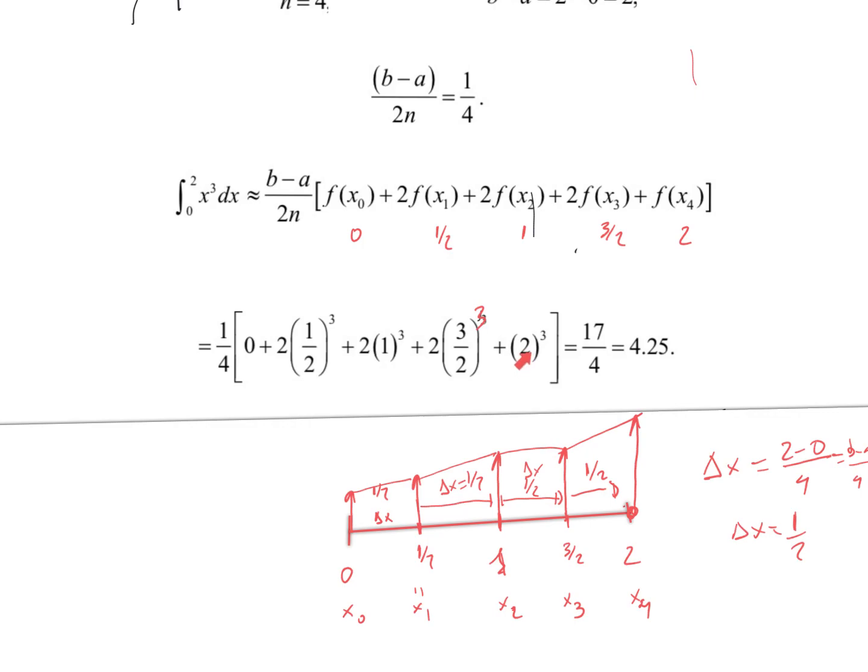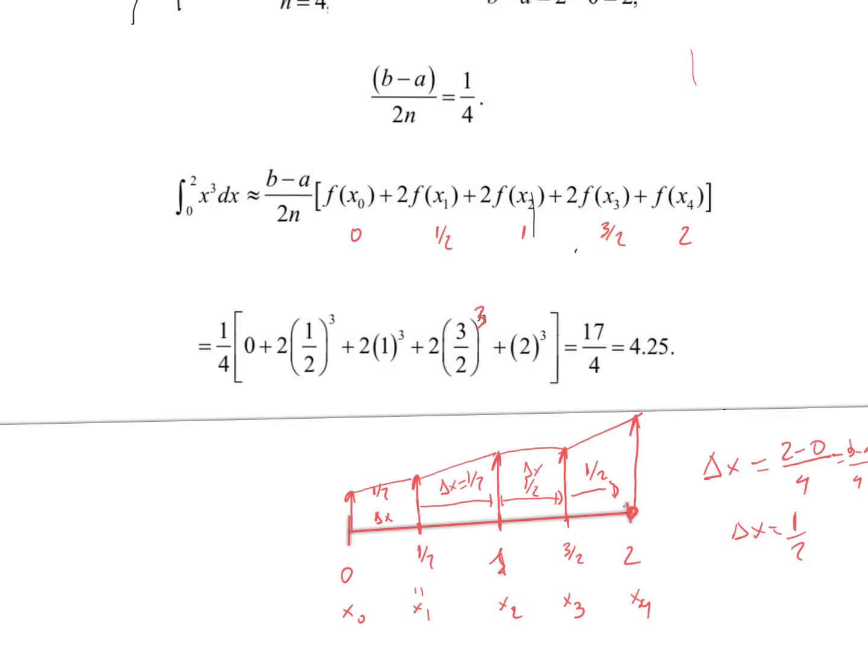So this term is 8, and if you use your calculator to sum, the area will be 17 divided by 4, which is 4.25. Is this area bigger than the actual area or smaller? It is bigger than the actual area.